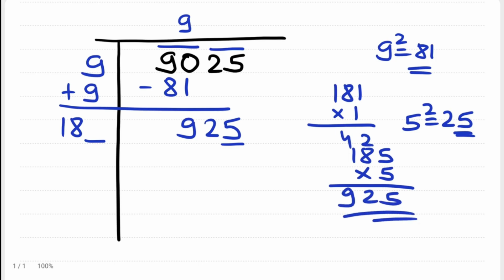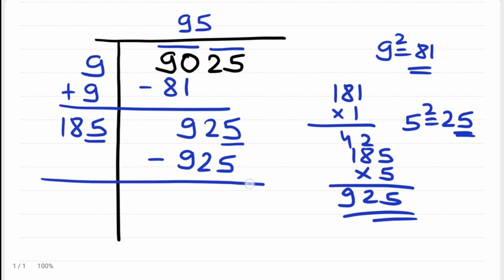So after multiplying, we got 925, exactly what we wanted. So 185 multiplied by 5 is 925. After subtracting, we got nothing. So finally, we found the square root of 9025, that is 95.